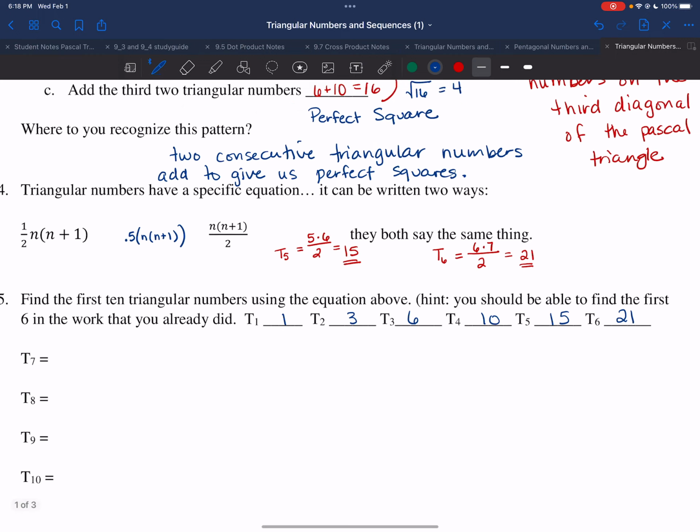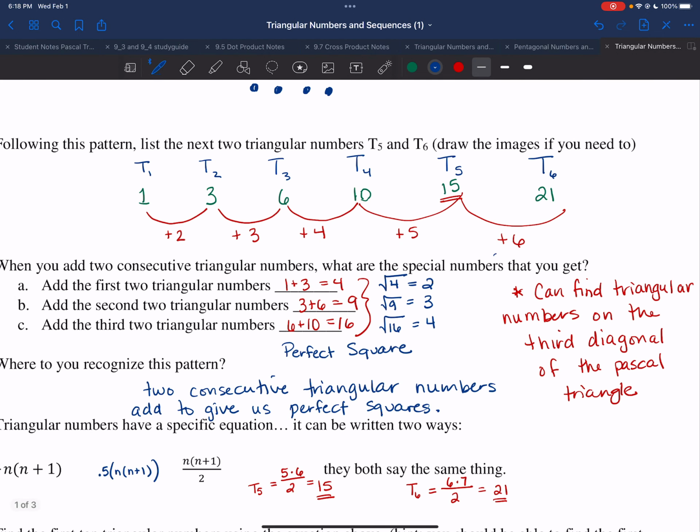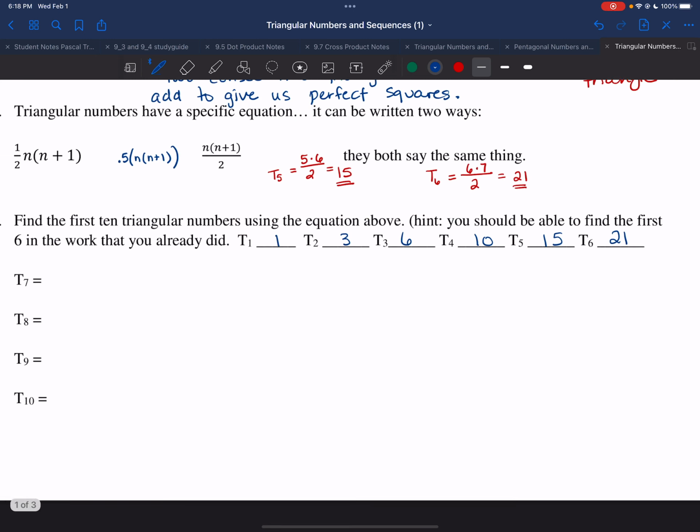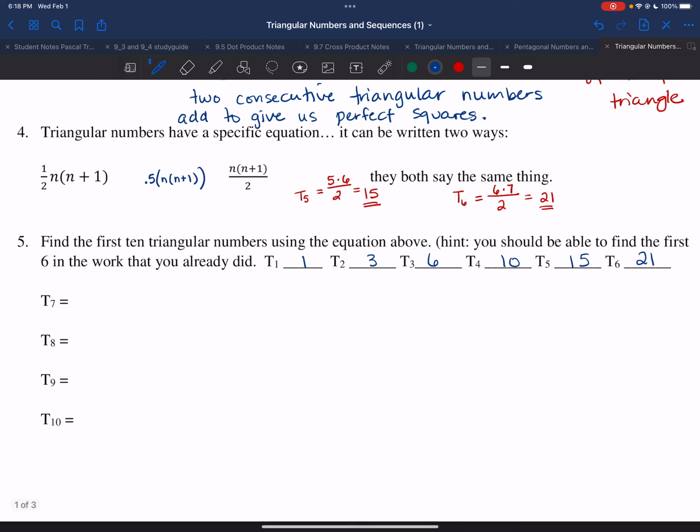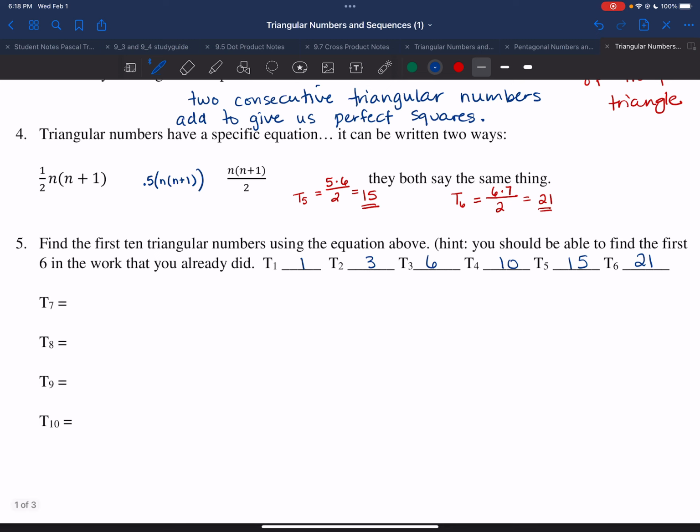Now, when we got T6, what we did was we added 6 to get to T6. So what would I do to T7 if I wanted to do it that way? I would simply add 7. So if I take 21 and I add 7, I end up with 28. If I take 28 and add 8, I end up with 36.